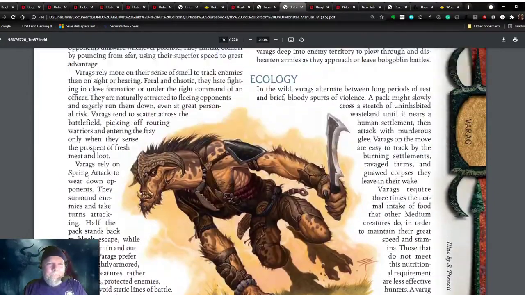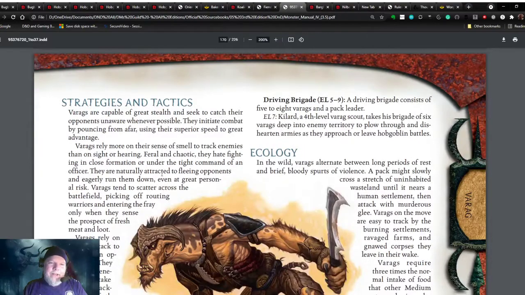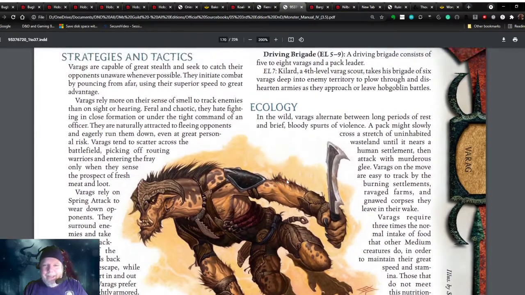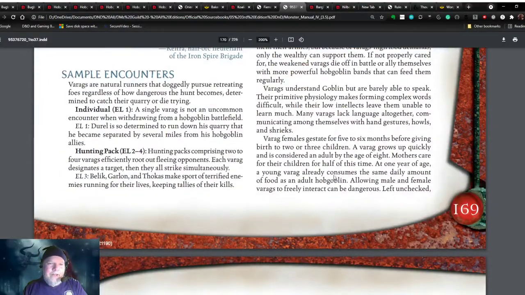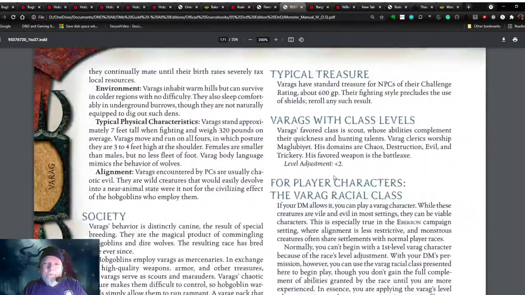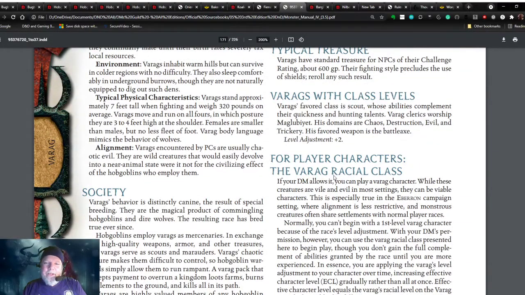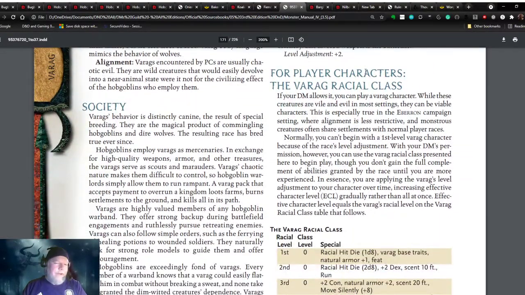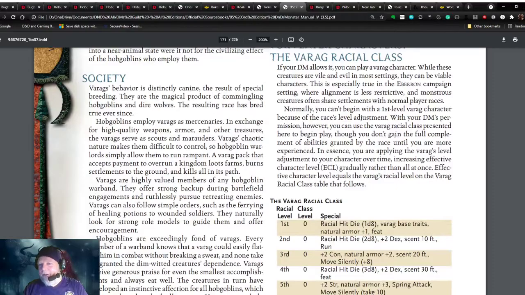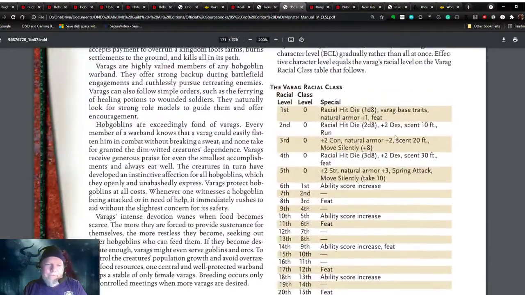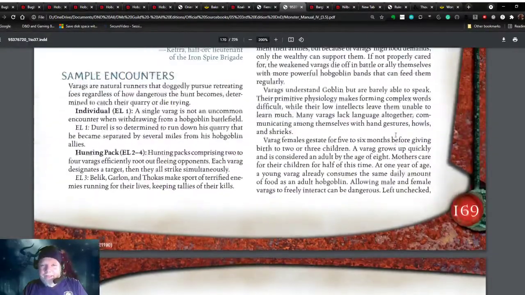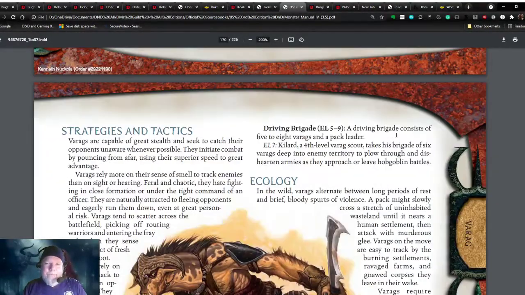And third edition gives you different strategies and tactics for the monster, gives you the ecology for the monster, builds sample encounters for you, typical treasure, society, and then of course it always gives you, at least for the humanoid monsters, it tells you how you can turn a Varag into a playable character class or a character race.